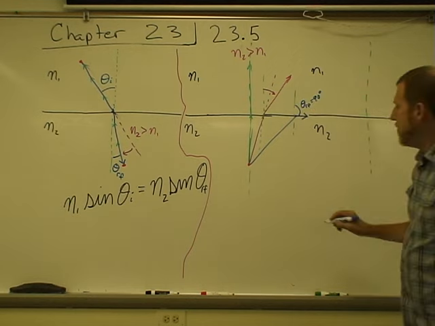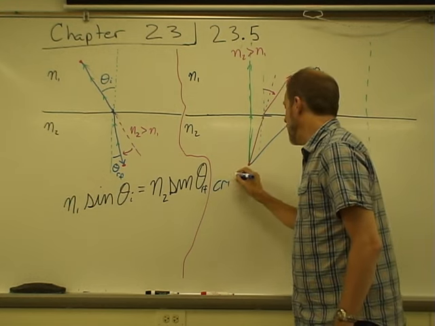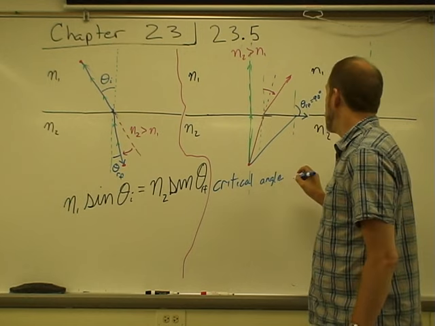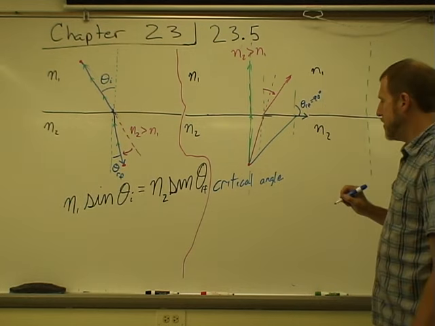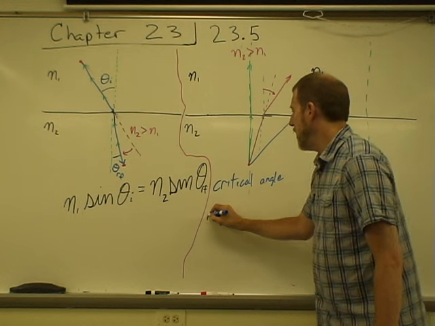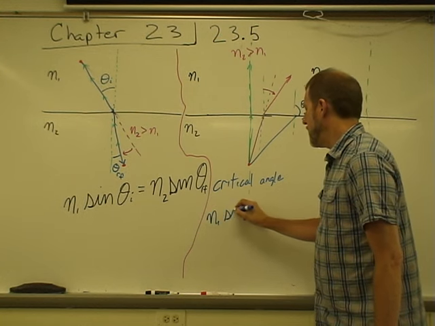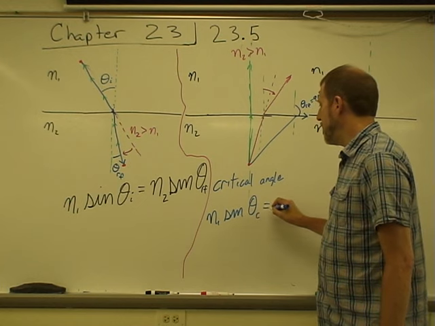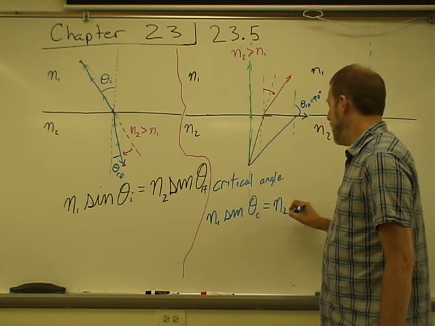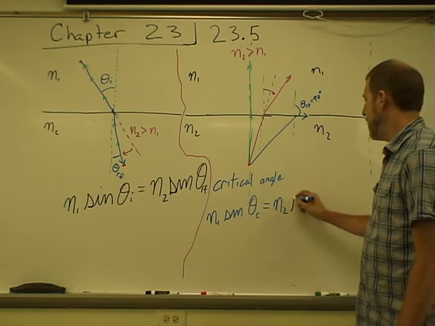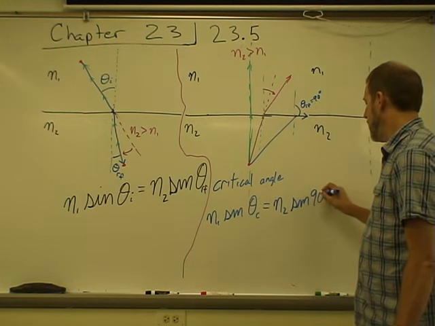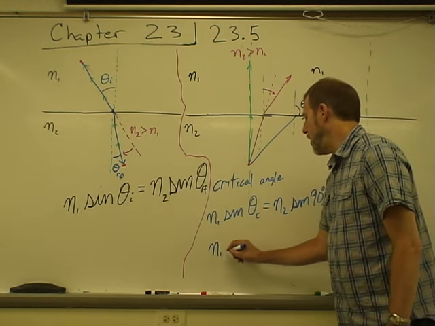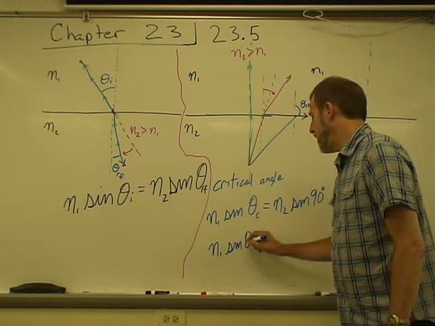Now, that is known as the critical angle, such that n1 times the sine of the critical angle is equal to n2 times the sine of 90 degrees.